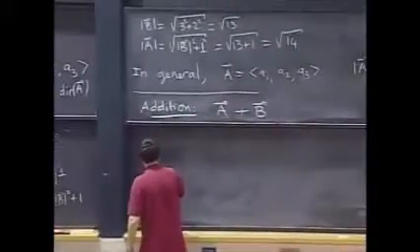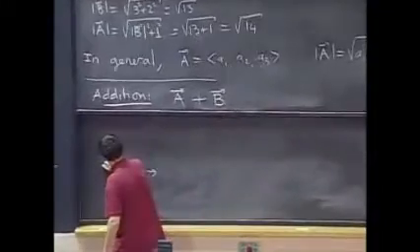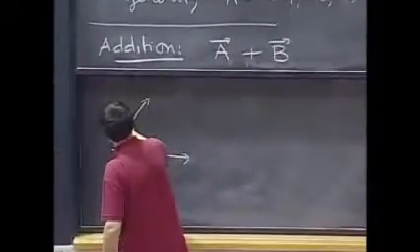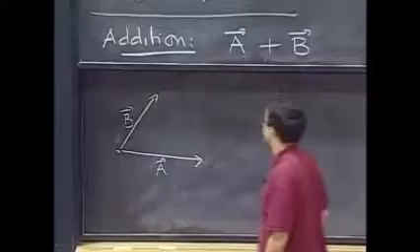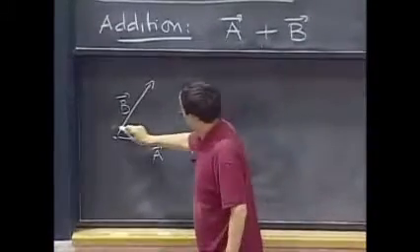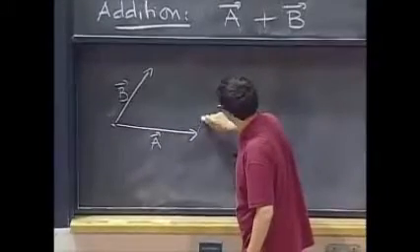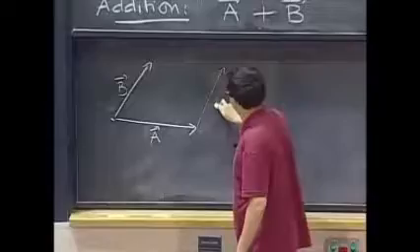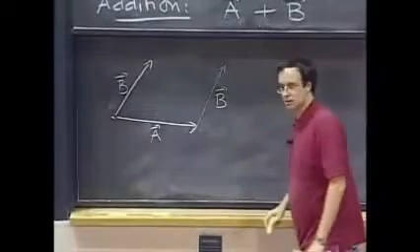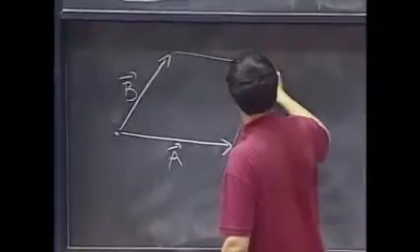So let's say that I have 2 vectors, A and B, given to me. And let's say that I thought of drawing them at the same place to start with. Well, to take their sum, what I should do is move B so that it starts at the end of A, at the head of A. Okay, so this is again vector B. So observe, this now forms a parallelogram, right?